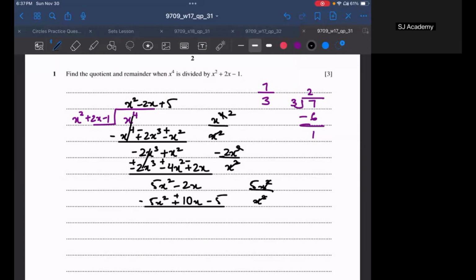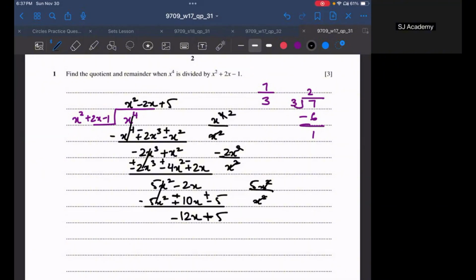Changing the signs, this will be 5x² and 5x² will cancel out. And −2x − 10x, so this will become −12x. And this −5 will come down as it is, and it will also change its sign, so this will become a +5 over here.